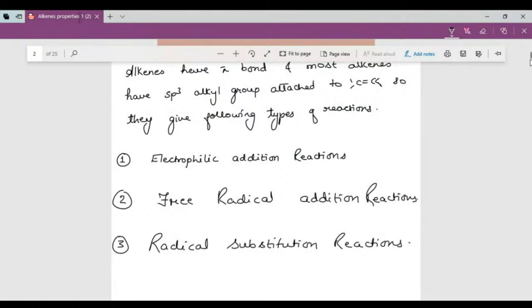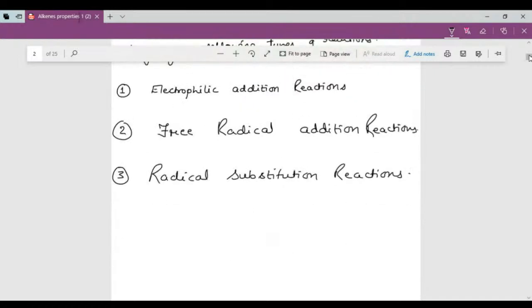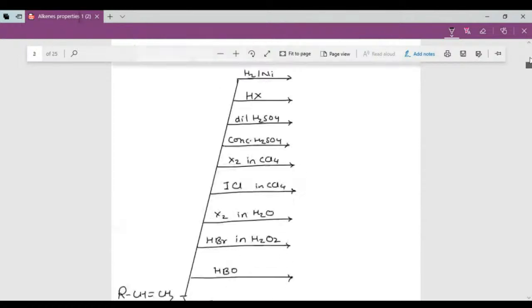So they can be attacked. We studied that there are three main types of reactions given by alkenes: electrophilic addition reactions, free radical addition reactions, and radical substitution reactions. Yesterday we did some of them, some are left. I'll just review, and this is still on hold.